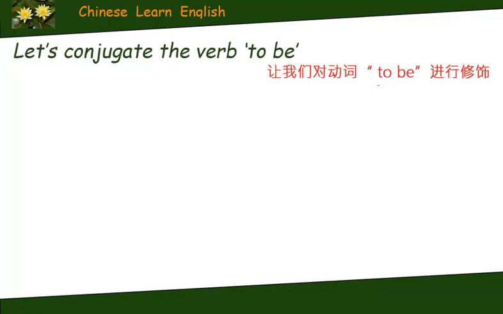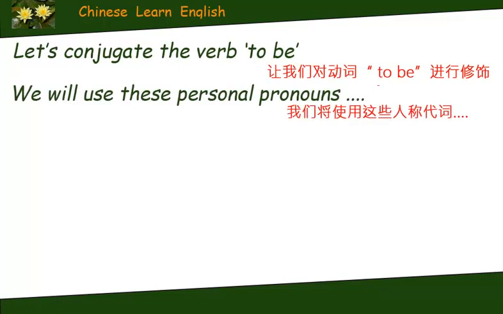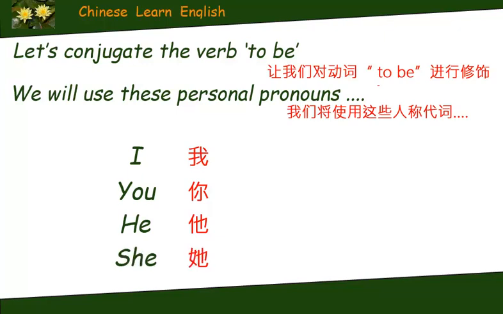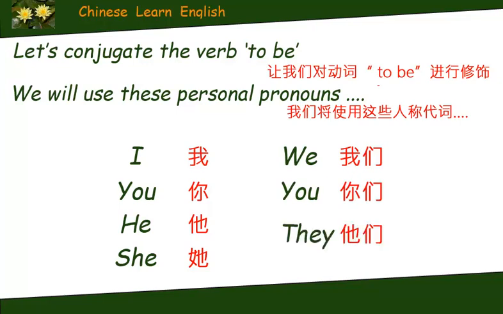Let's conjugate the verb to be. We will use these personal pronouns. I, you, he, she, we, you, they.